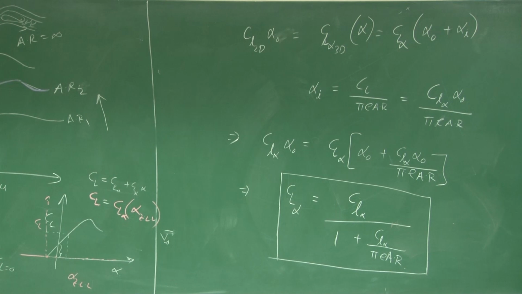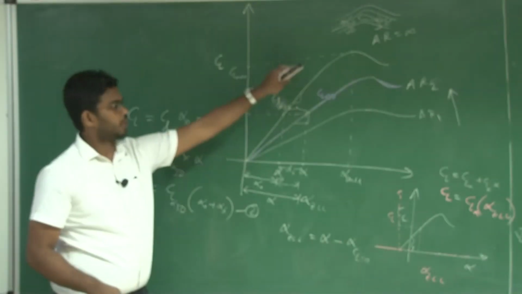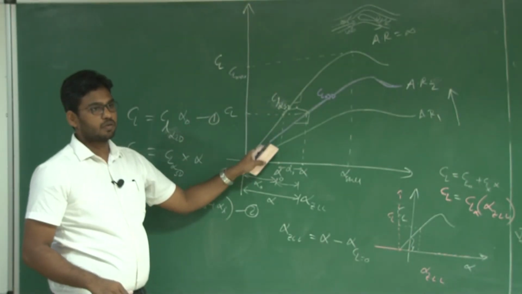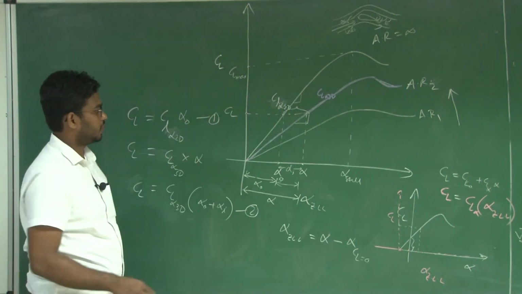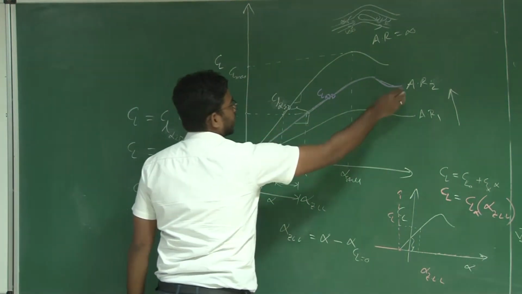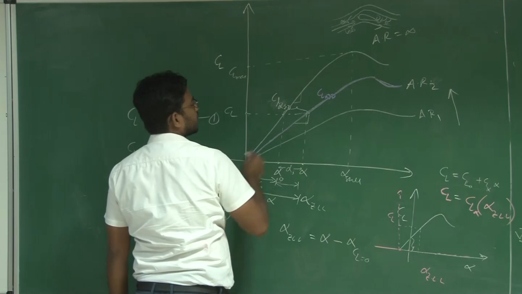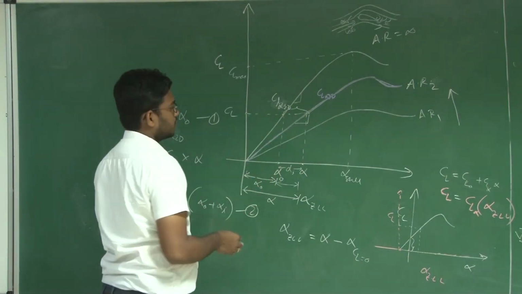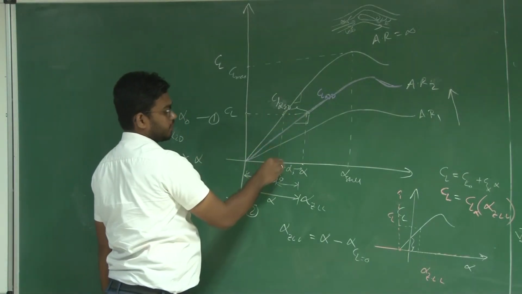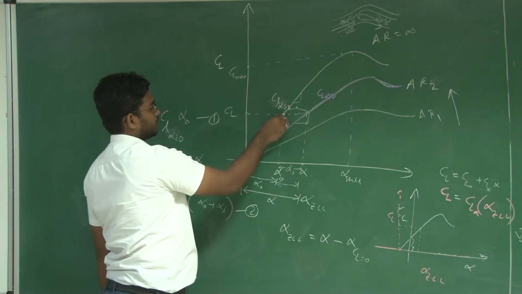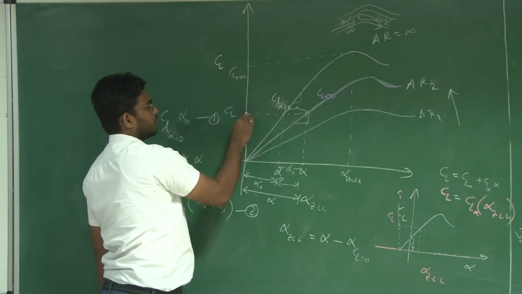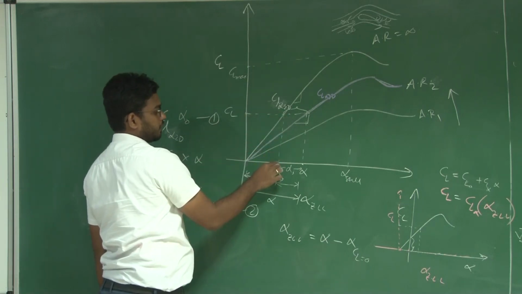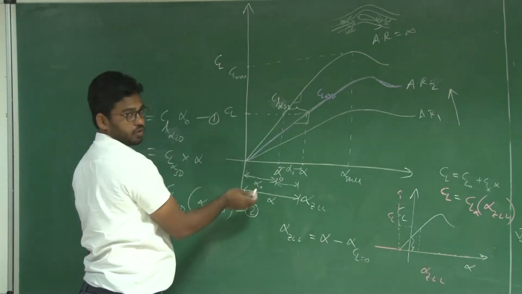So the same CL can be achieved from the aerofoil and the wing made out of these aerofoils. As the aspect ratio changes, the CL alpha curve changes. Let us say for the 2D case, it is the maximum. Let this point be the CL, and the corresponding angle of attack at which it is achieved is alpha naught.